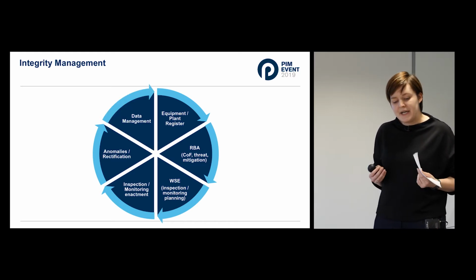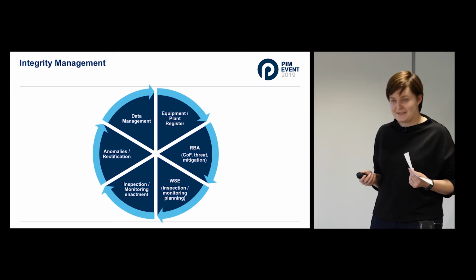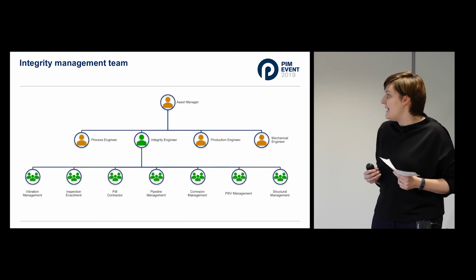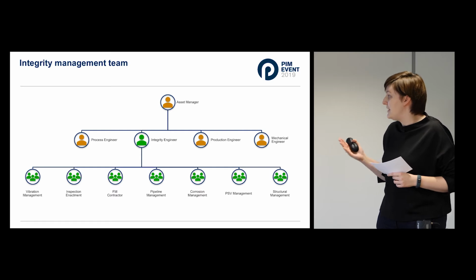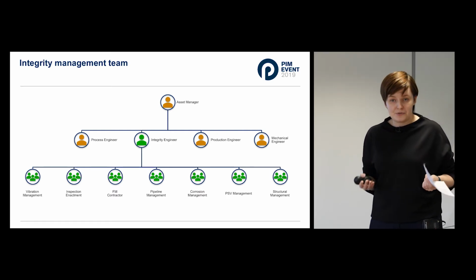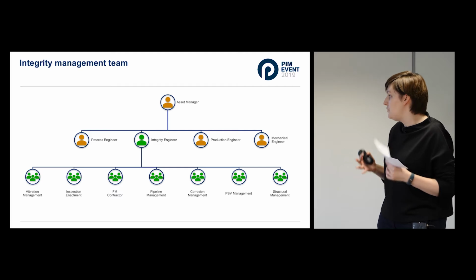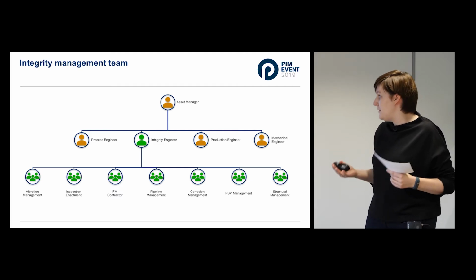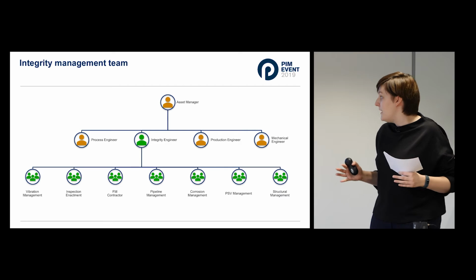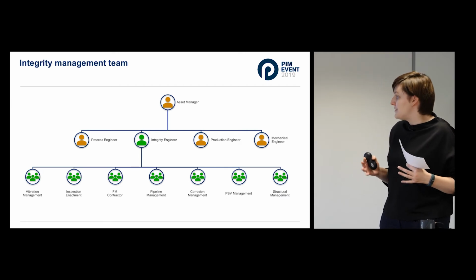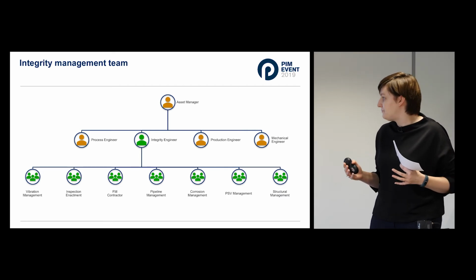So who is behind all of those tasks? It's the integrity management team with an integrity engineer as a team leader. Here I used a sample organizational chart just to show the structure of the integrity management team. Green color represents the core team, while the amber one represents strongly related positions.